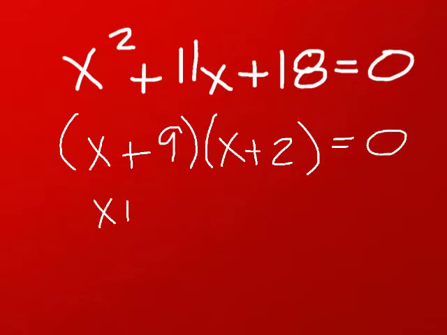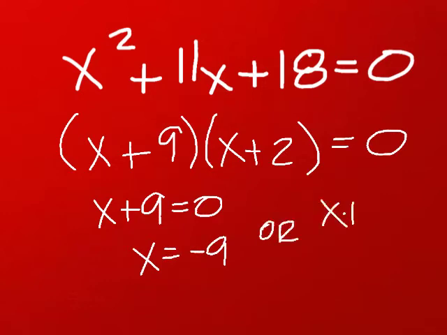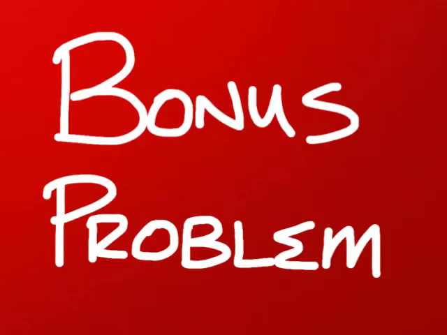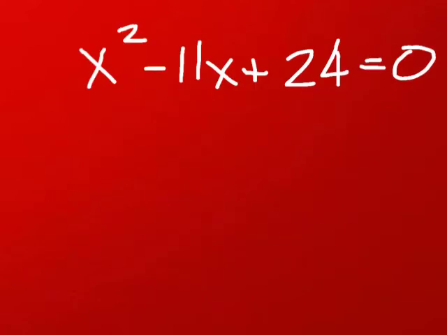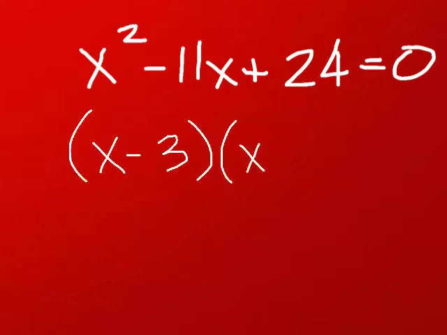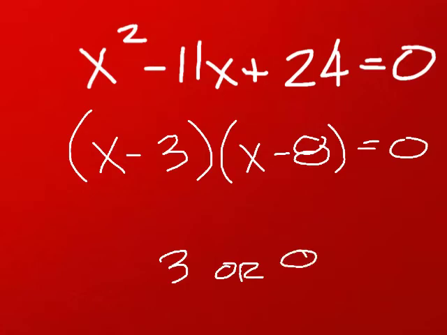Of course, when you set each equal to 0, you'll have your answer, which in this case is a negative 9, or in this case it will be a negative 2. This should be x minus 3 and x minus 8. Of course, if you set each equal to 0, you end up with 3 or positive 8.